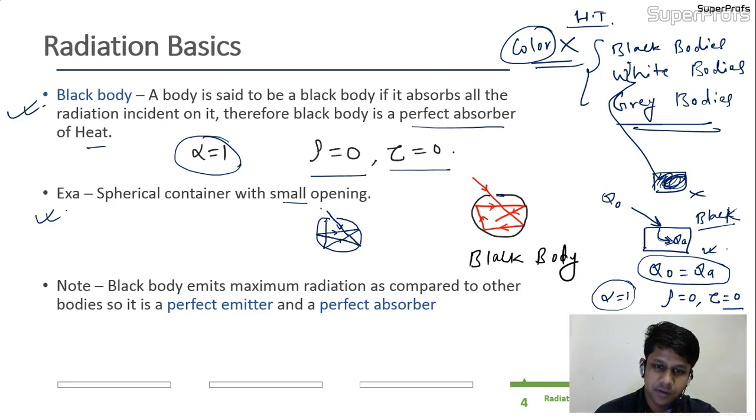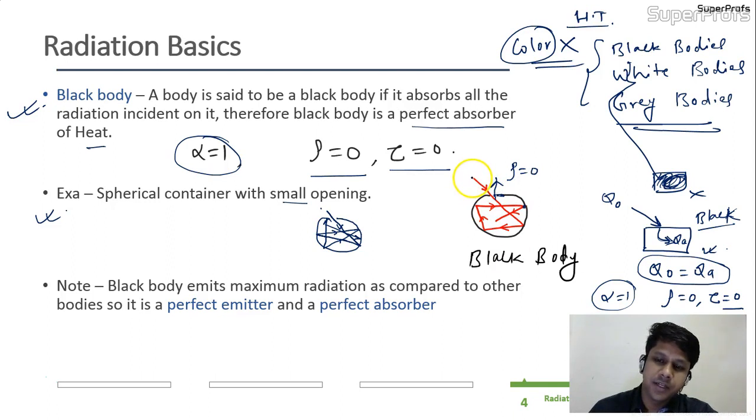So if a ray wants to leave this body, there is a very small opening and there is very less probability that the ray will be reflected out of this body. So that's why we say rho is 0. Don't think, oh, the rays are reflected back here, so why is rho 0?